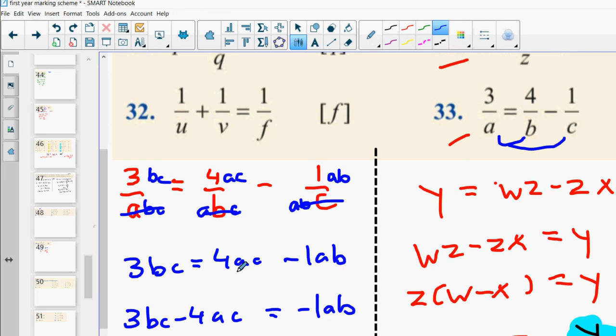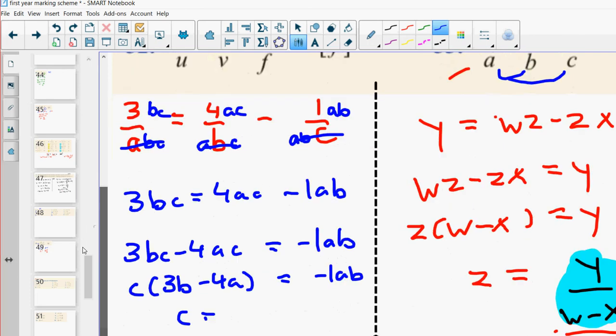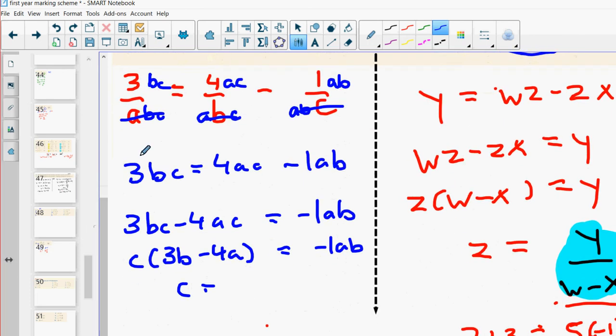Oh sorry, I should really highlight this in the middle of the graph. So we got ABC as a common denominator. Then we move the 4AC to the left, leaving behind the minus 1AB. Now we're going to divide by the 3B minus 4A, so minus 1AB over 3B minus 4A.